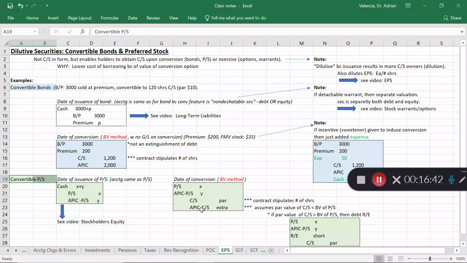And when they become common stock, they dilute the ownership of other owners, right? So it's dilutive securities. And they also dilute earnings per share. Okay, in a future video, make sure you understand the accounting for other dilutive instruments like warrants and options. We'll go into detail with that. But this is the video on convertible bonds and convertible preferred stock.